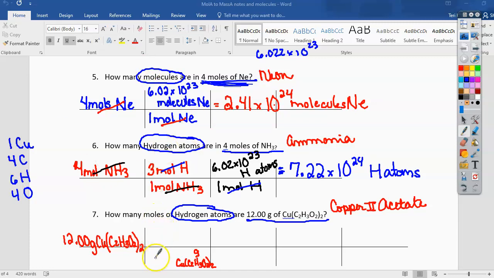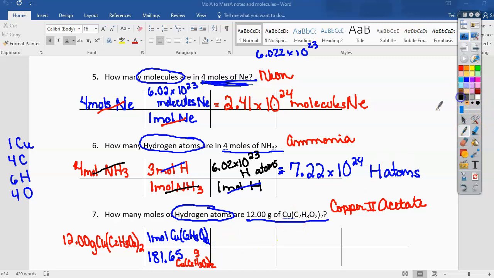And you should get 181.65 grams. What's always, always, always on the opposite side of grams? 1 mole of copper 2 acetate.